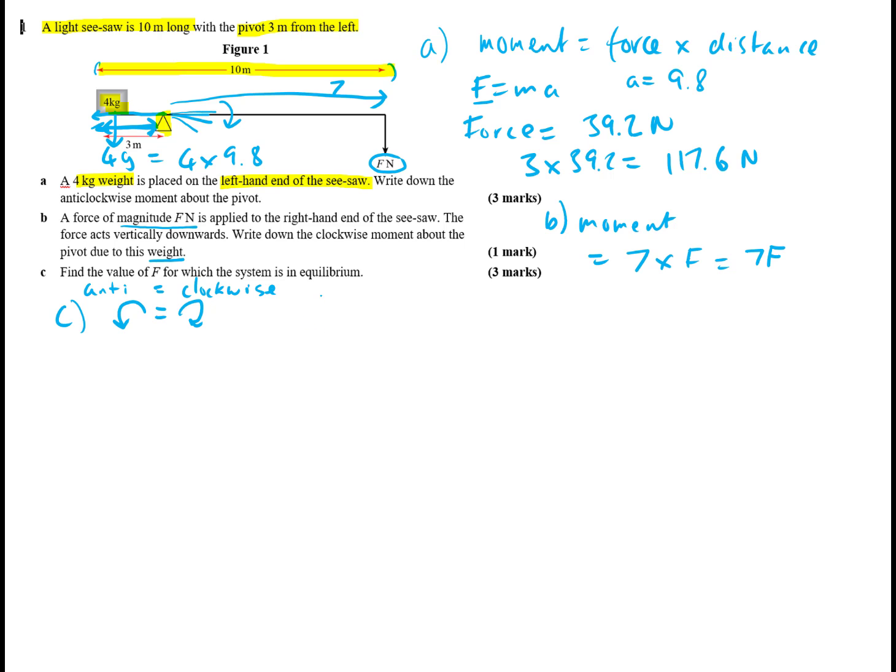We've got the left hand side, anti-clockwise, which is going to equal, from what we worked out in part A, 117.6 equals 7F. So we just divide out by 7. So F is going to equal 16.8 newtons. That's a very easy 7 marks, and that's going to recap all your skills.